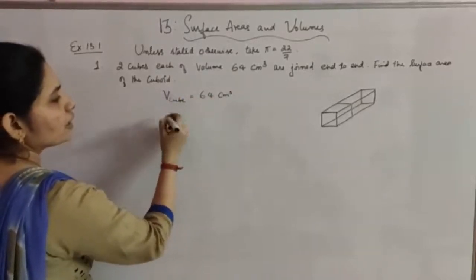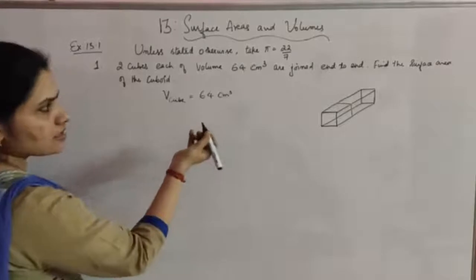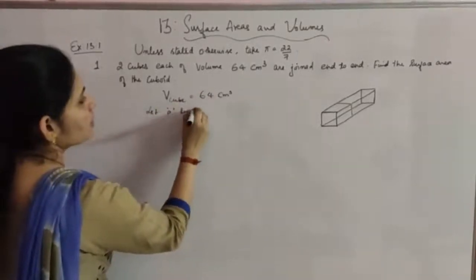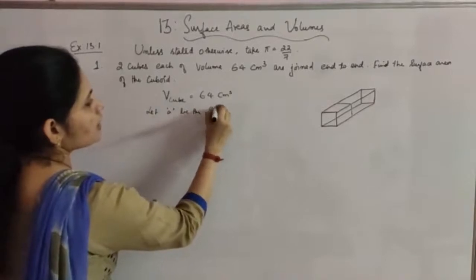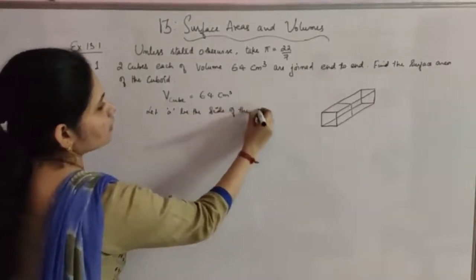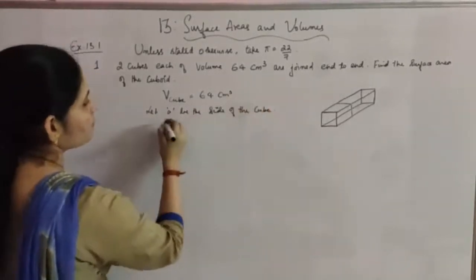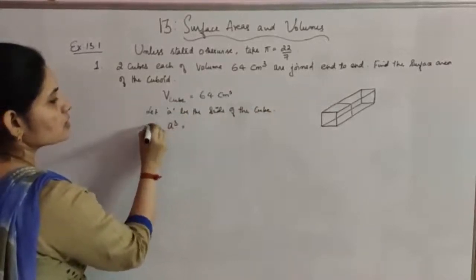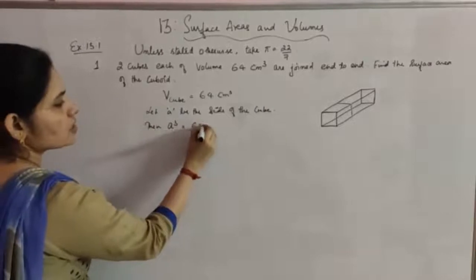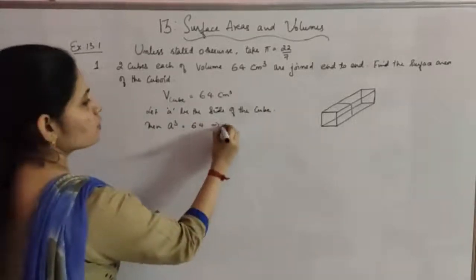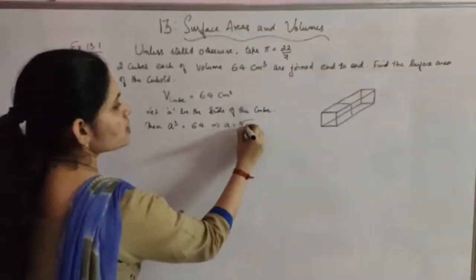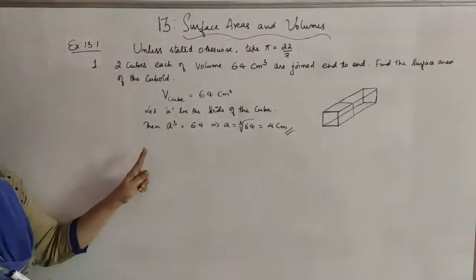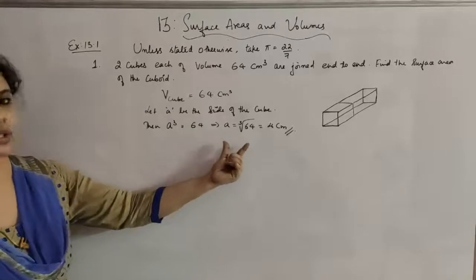By formula, if I take a as the side, let a be one side of the cube, then volume of the cube is a cube is equal to 64, which will give you a as cube root of 64, which is equal to 4 centimeters. Now you got one edge of the cube.